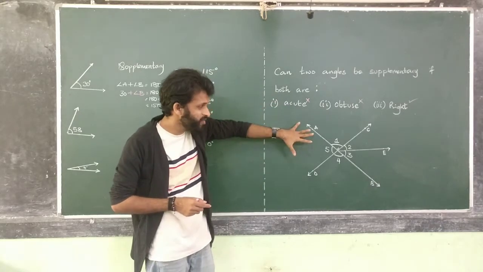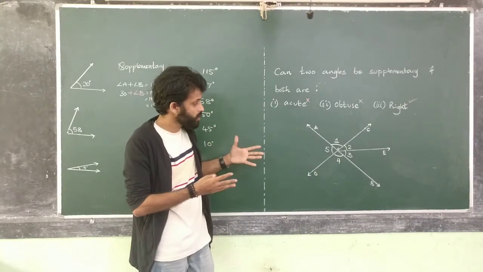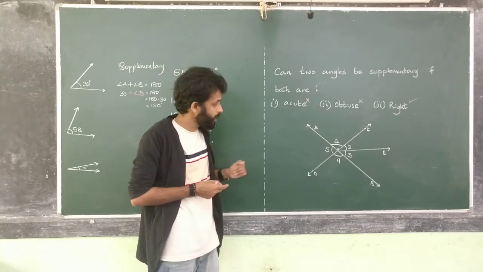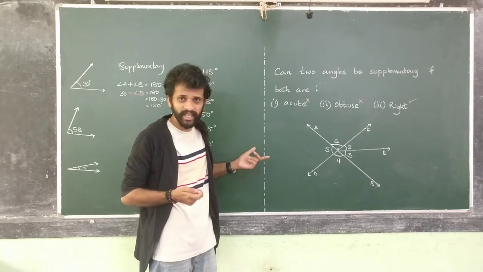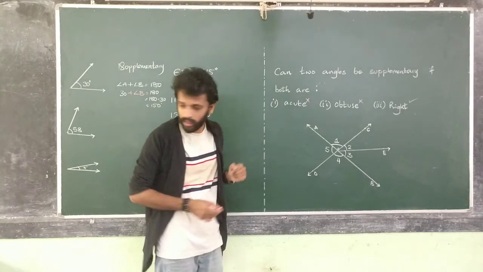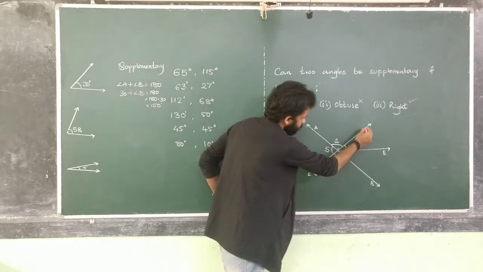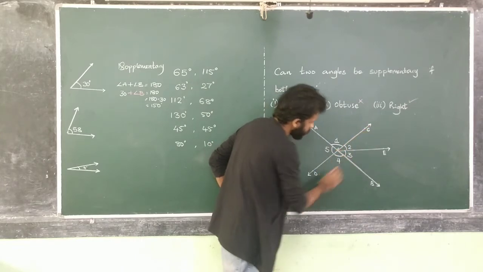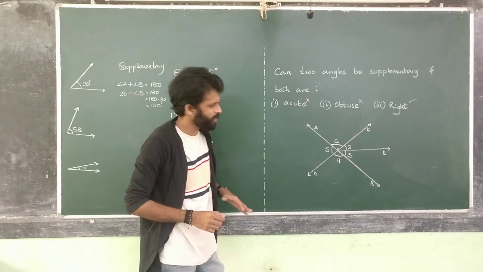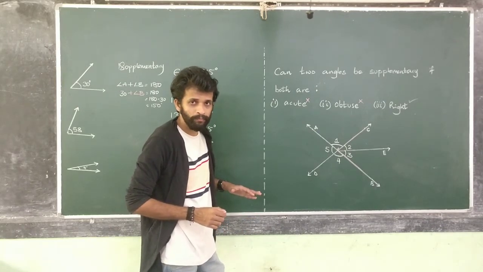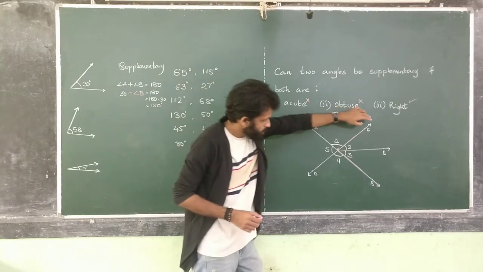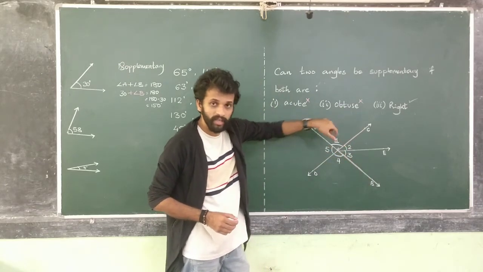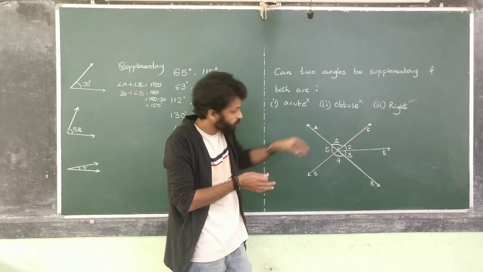So do I have any angles which are complementary? That is, some you think would be 90. Yes, right? So if I look at this COB, it looks kind of 90 degrees. Now COB is the entire angle which is 90, but it is a combination of two angles, right?